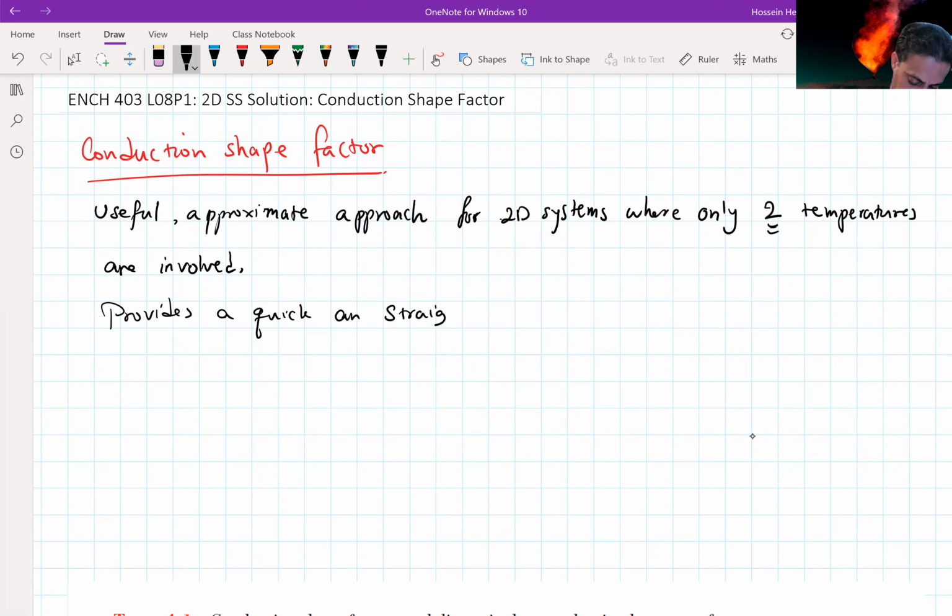Now, let's define some parameters before writing this shape factor. Let's assume L, the length, is 100 kilometers. D is 1 meter, and let's say it's buried 2 meters under the ground. And let's assume k of soil is 2 watts per meter Kelvin.